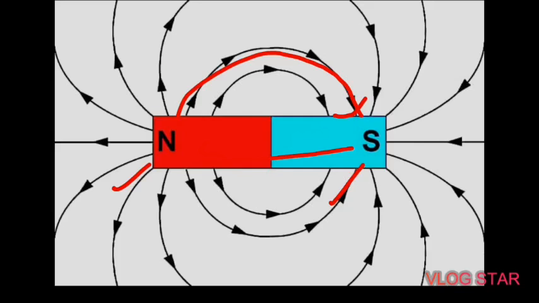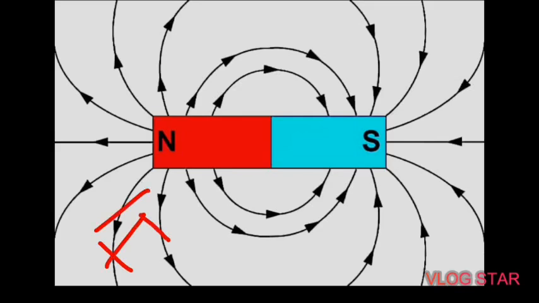Then the magnetic field intensity is defined as the force experienced by a unit north pole of 1 Weber strength when placed at the point of measurement. Suppose this is point P and we have to calculate the magnetic field intensity at this point. Here the magnetic field intensity is denoted by H bar, and the unit of H bar is ampere per meter.